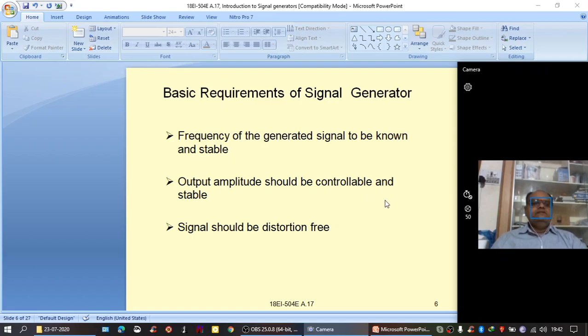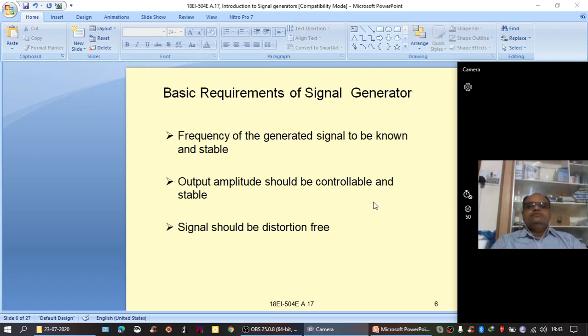The second one is that the amplitude of the signal should be controllable and stable. Controllable means it should be possible for the user to vary the amplitude of the signal.